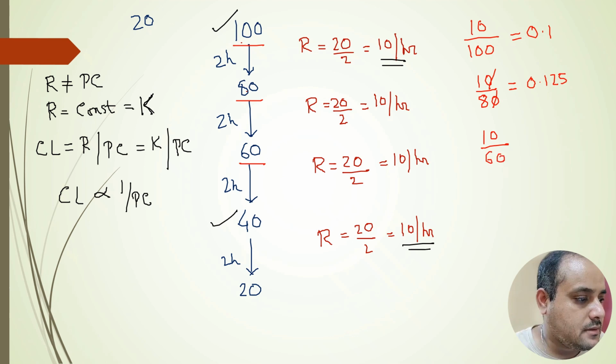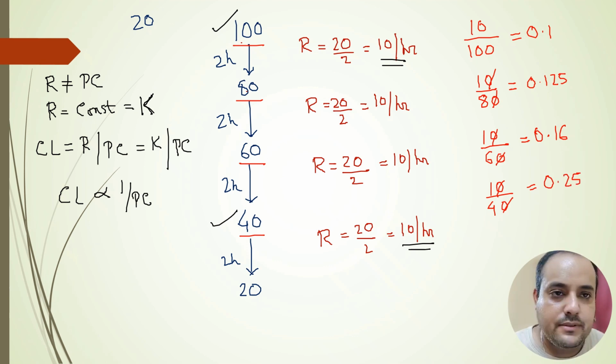It is 1 by 6, which is equal to 0.16. In this case, this is a plasma concentration. So it is 0.25.